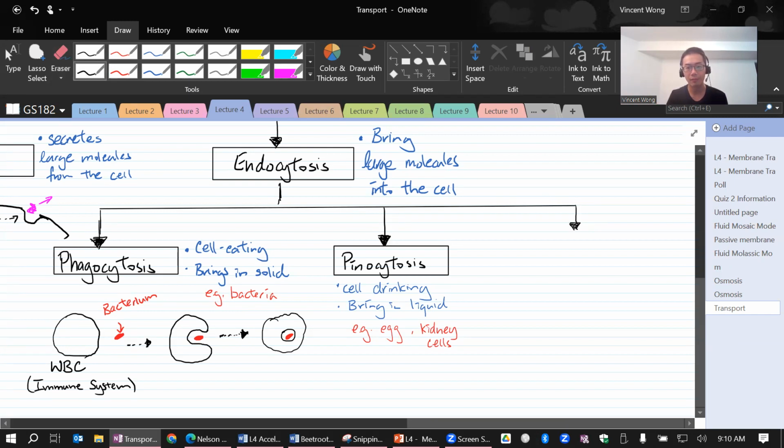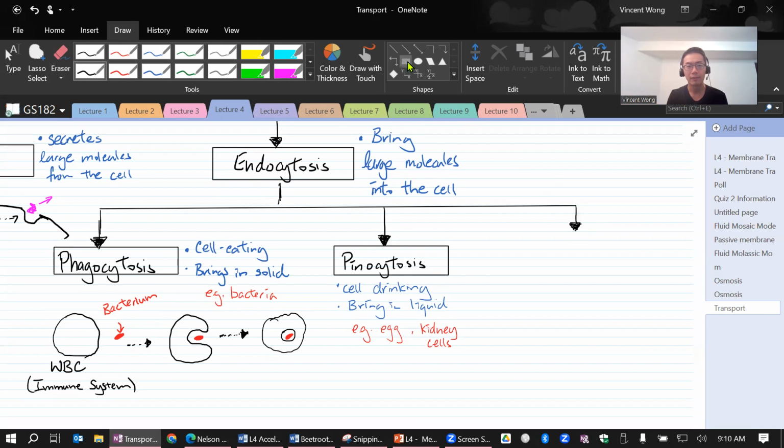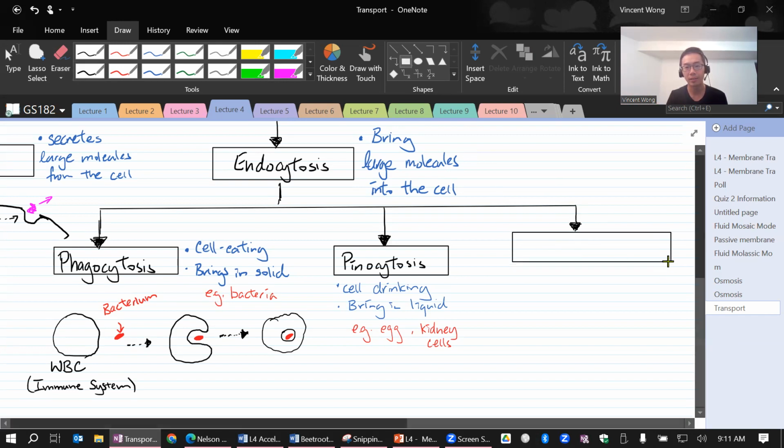And then we have our final type here. It's called receptor mediated endocytosis. I'm running out of space. Receptor mediated endocytosis.